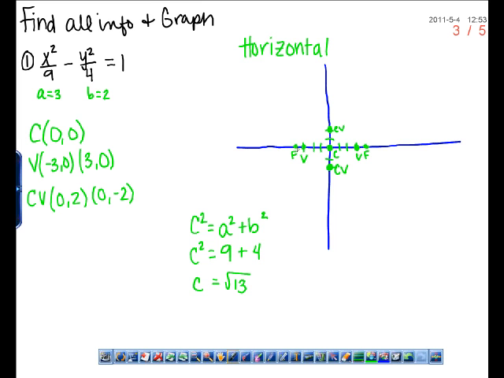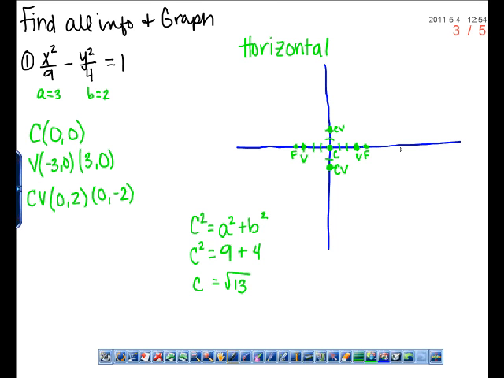Harry? How do you figure out what two values the square root of a number is? So this is between the square root of 9 and the square root of 16, right? So it's a little bit bigger than 3, but smaller than 4. Okay? All right. So what are the coordinates? Oh, sorry. Remember that your foci are still in line with your vertices. That's the same as an ellipse. Okay? They go on the same line as your vertices.